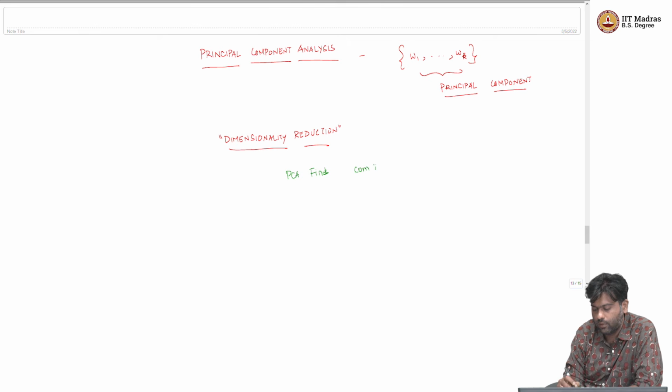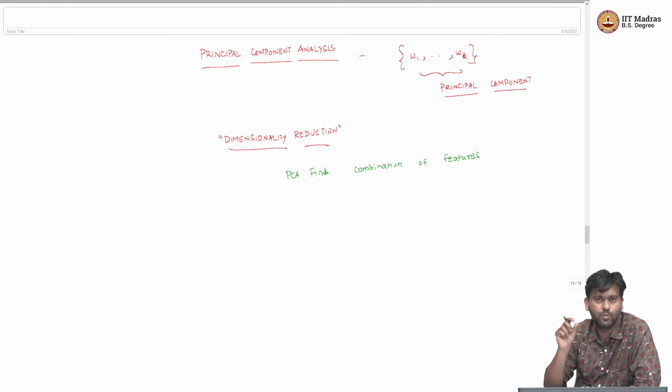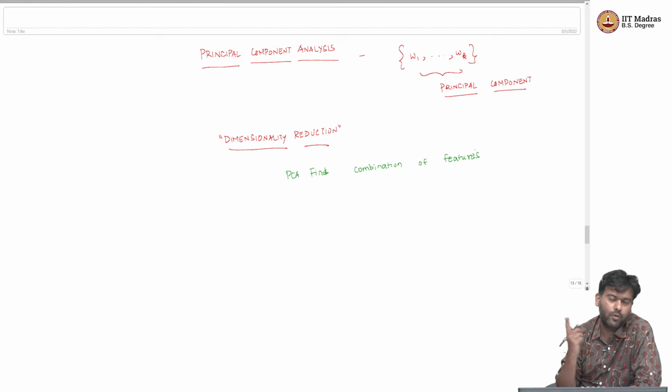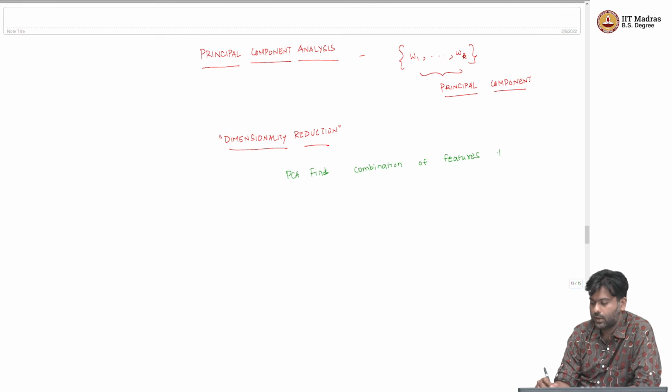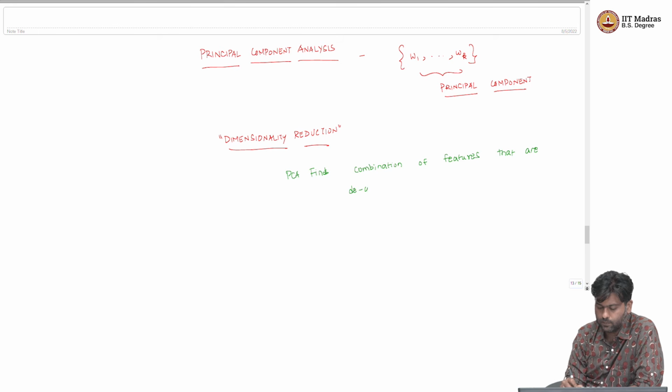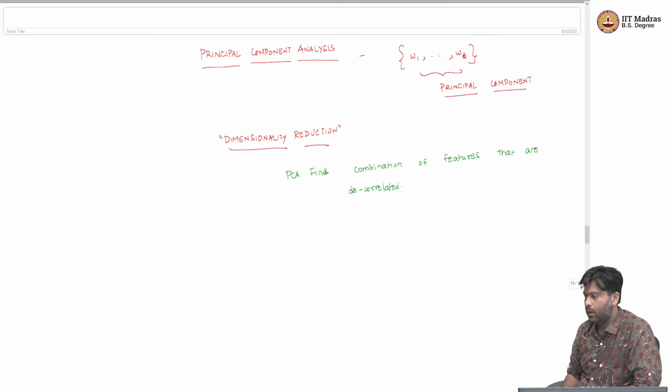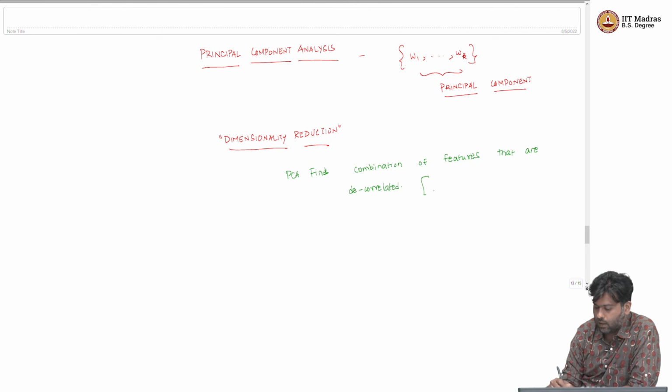PCA finds combinations of features, right. When I say xi transpose w1, it means that you are weighing these features in xi using the weights given by these eigenvectors, right. So, it finds combinations of features that are decorrelated, loosely speaking, independent of each other.